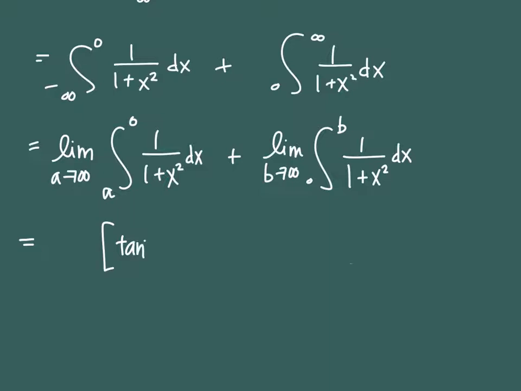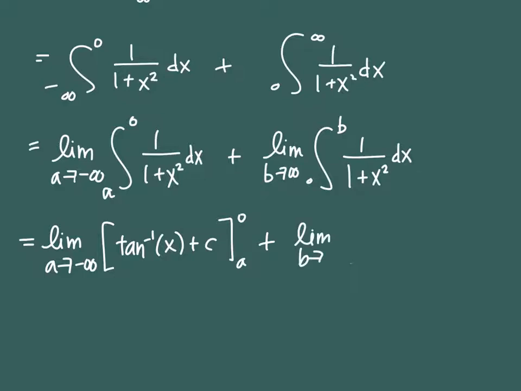So this is the inverse tangent of x plus the constant c going from a to 0, where the limit of a is, oops, I didn't write it correctly, did I? I forgot my negative right there. And then the other one has the same antiderivative, of course, so the limit as b approaches positive infinity of tan inverse of x plus c, and this one goes from 0 to b.